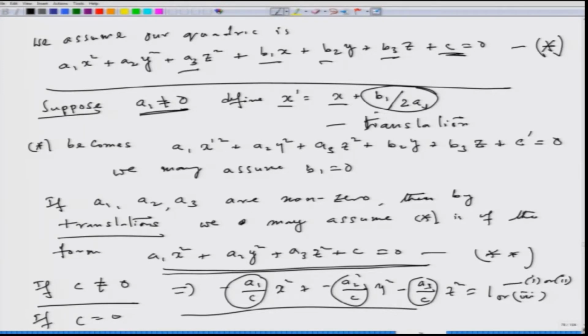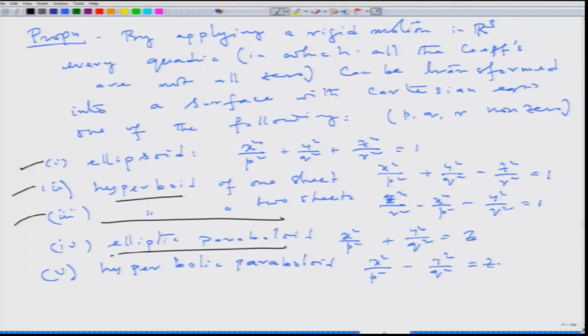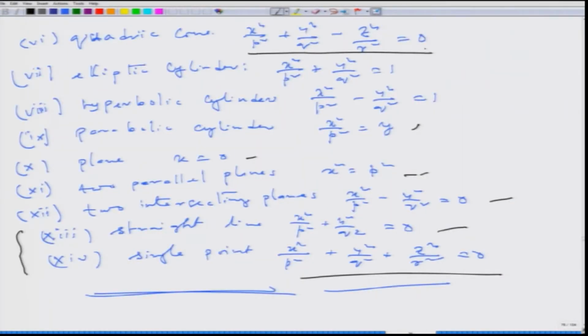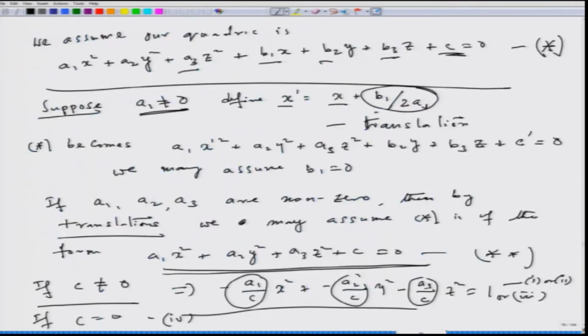If C equal to 0, then we will get, sorry, not 4, 6, right, yeah, this one, either 6 or there is another one, that is this one, 14. C equal to 0, so this is 6 or 14.